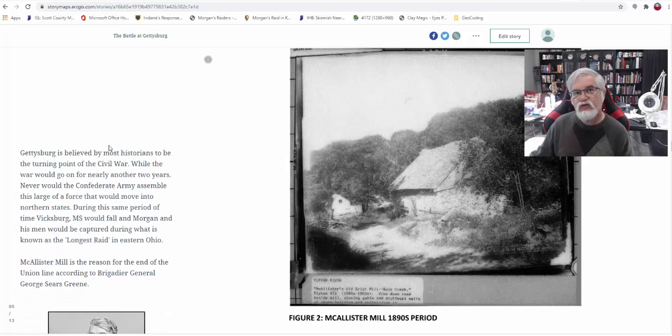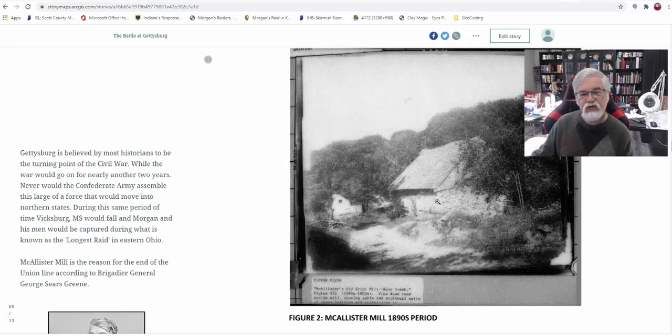So what we're interested in researching is the water-powered grist mill known as McAllister's Mill that stood on the area of the Gettysburg battlefield. And we'll talk a little bit more about the mill, but for a mill to operate, we have to have a supply of water, and in this case, the water has to drop from a higher elevation to a lower elevation, and then the energy in that water is used to turn a water wheel, which in turn turns stones, and those stones are used then to grind the grain.